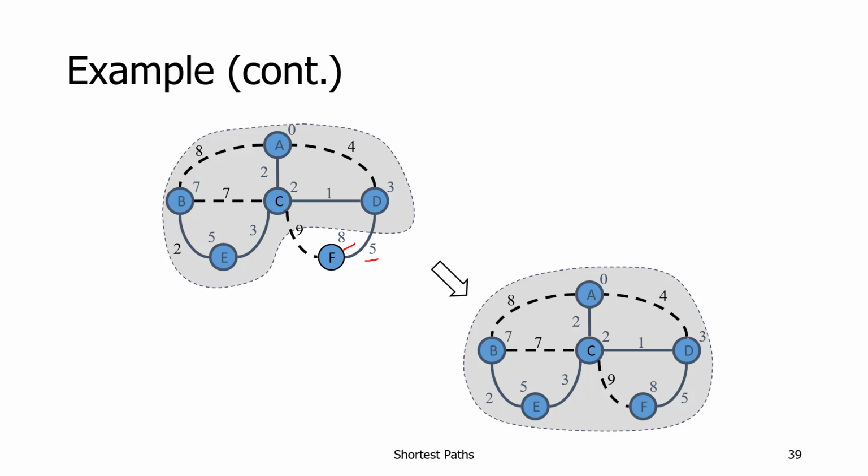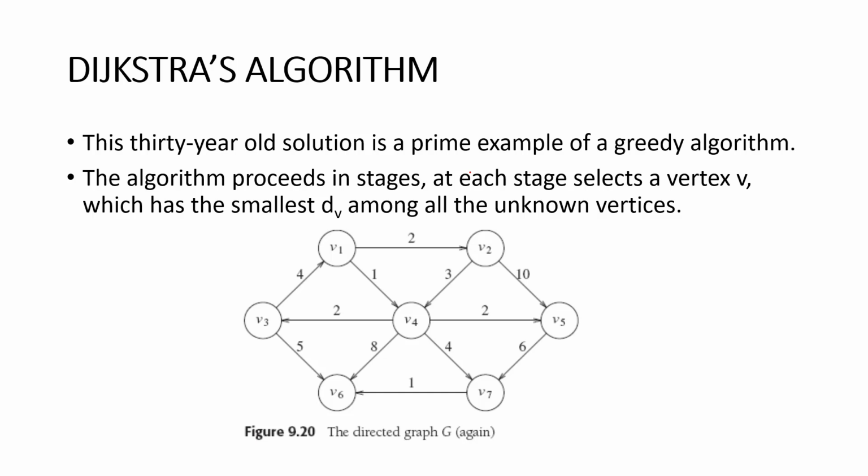Similarly, edge AD is not needed in the path, and edge CF is not needed in the path. So this is how the shortest path example works.